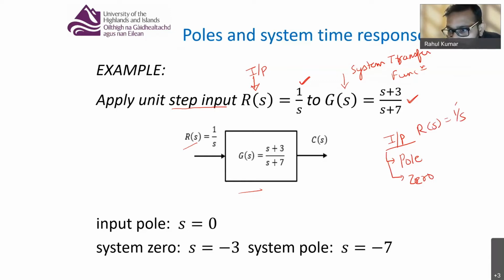There is no s term in the numerator, which means there will be no zeros, or no input zeros. Now there is one s term in the denominator, so the input pole will be at s = 0.